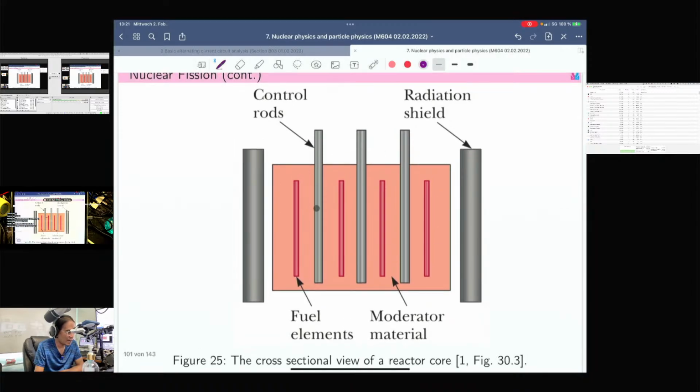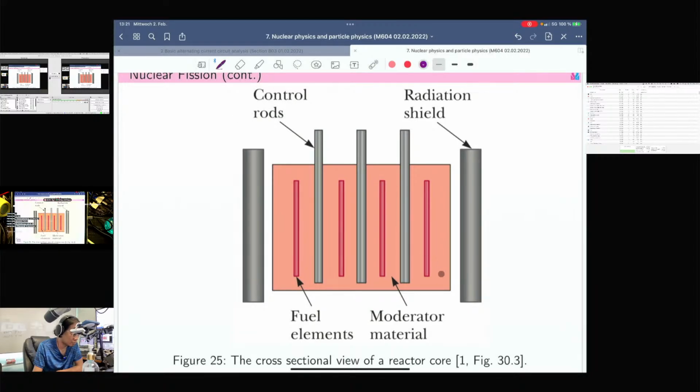And you have the fuel elements. This is the source of uranium-235, the red one here. This is dangerous. If any neutron hits your stick here, it can explode because of the high energy neutron. Humans try to control the process by putting in control rods.